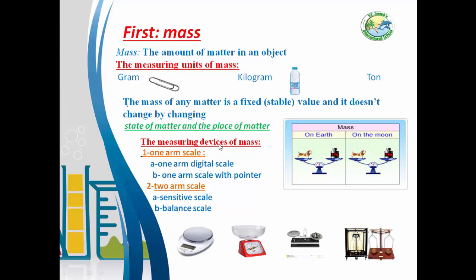So the measuring devices of mass are one-arm scale, which is divided into one-arm digital scale and one-arm scale with pointer, and two-arm scale, which is divided into sensitive scale and balance scale.